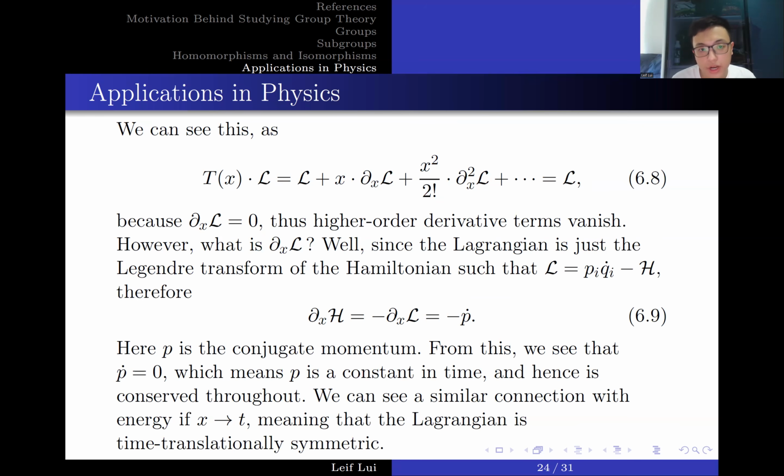We can see a similar connection if we change this translation operator to T of small t. Basically, if the Lagrangian is time symmetric, the energy is conserved instead of the momentum, because the partial derivative of L with respect to t generates the partial of H with respect to t, and H is the total energy.